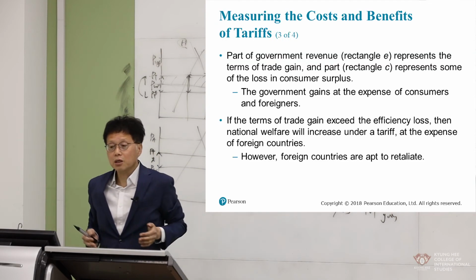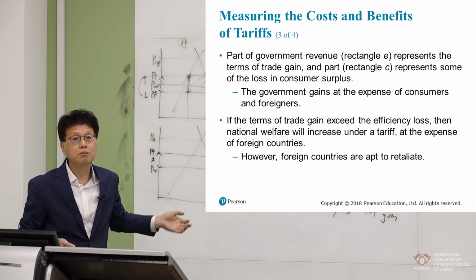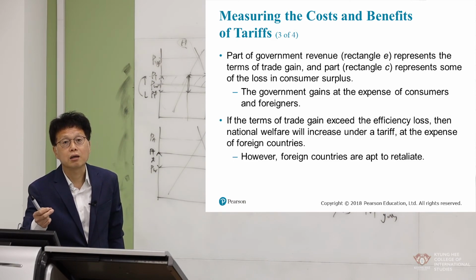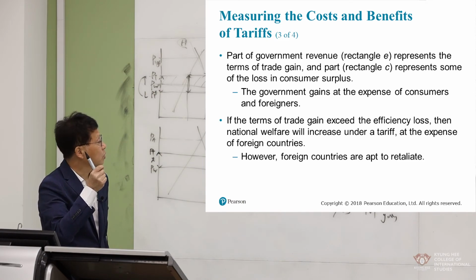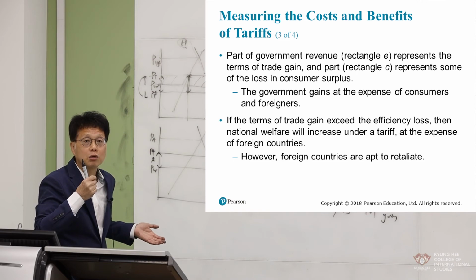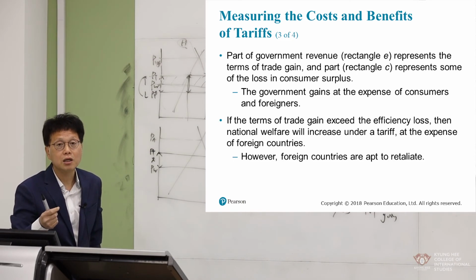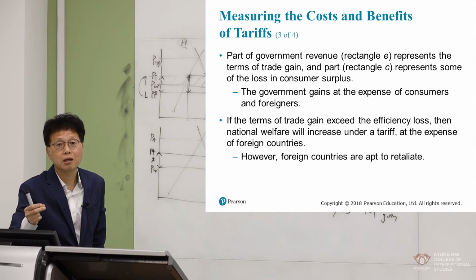Then foreign countries also adopt this kind of policy and impose a tariff on the Q1 market, right? In Q1, automobiles for example, Korea has a comparative advantage, and the foreign country has a comparative disadvantage in Q1, right? So similarly, the foreign country can impose a tariff on the Q1 market.